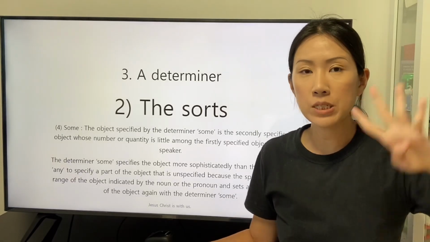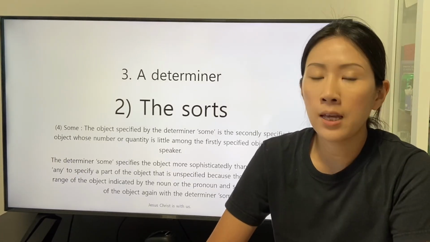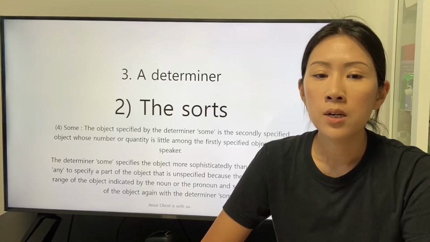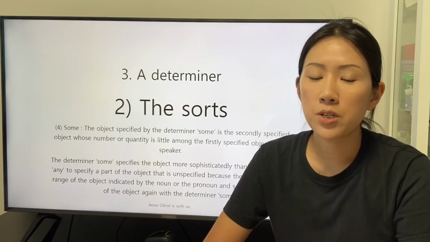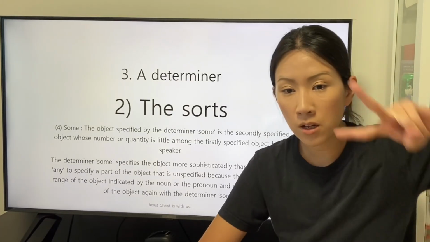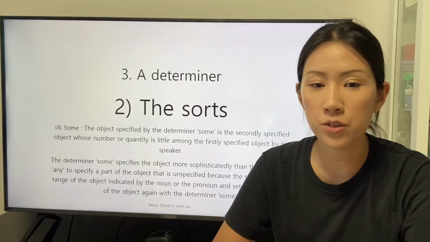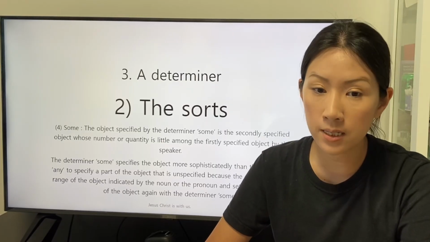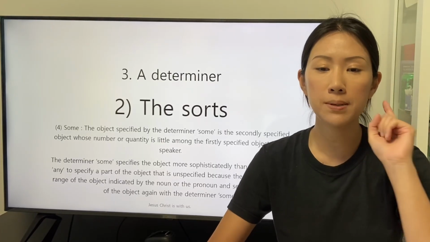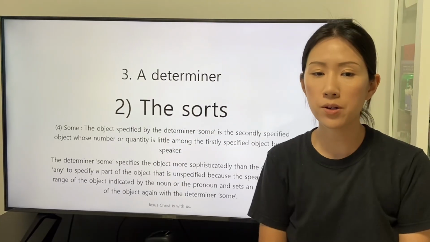The fourth sort of the determiner is the determiner some. The object specified by the determiner some is the secondly specified object whose number or quantity is little among the firstly specified object by the speaker.